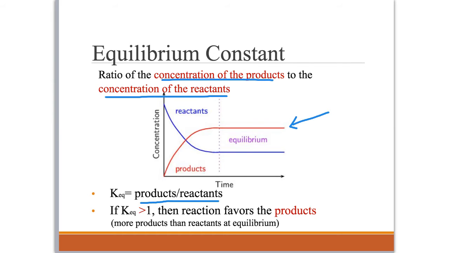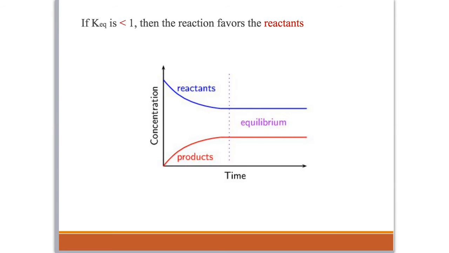So you think about how math works: that'll put a bigger number in the numerator than in the denominator. And so if we did the math, our equilibrium constant would be greater than 1. If the equilibrium constant is greater than 1, the reaction favors the products. We have more products than reactants when we're at equilibrium. The opposite is true, again, because it's math.